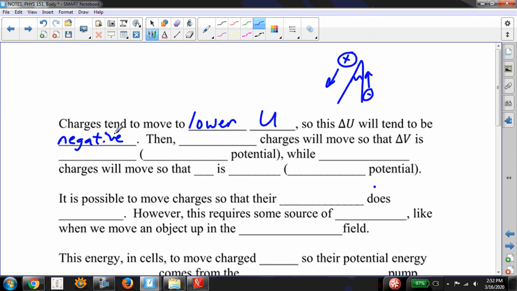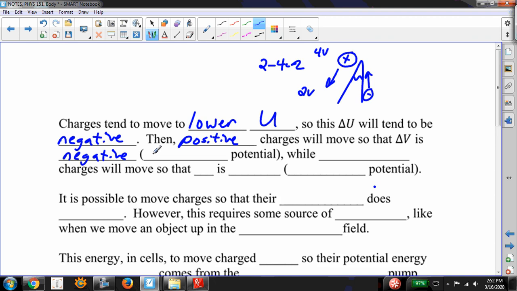Then positive charges will move so that delta V is negative. Right? So that would be like 4 volts to 2 volts. For this positive charge, I would have a potential difference of 2 minus 4, negative 2.